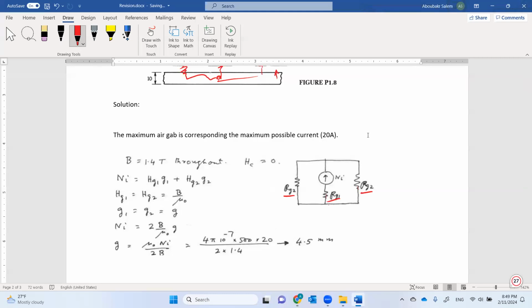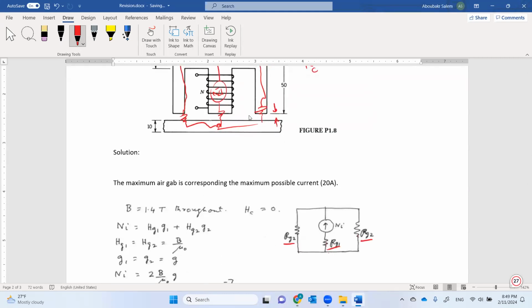And from the circuit here, we can say all air gap lengths are the same. So G1 equals G2 equals a certain length. So both of them are equal.